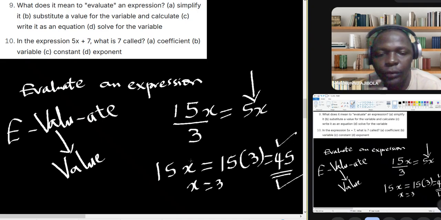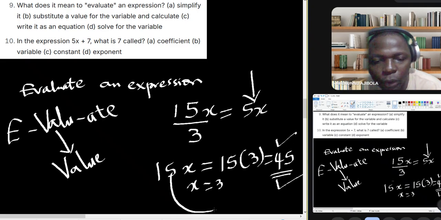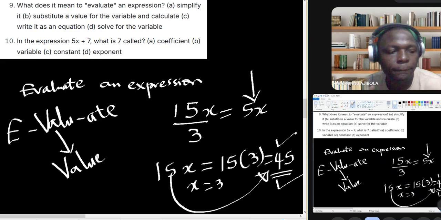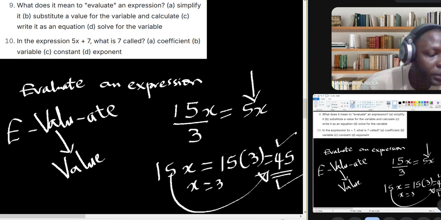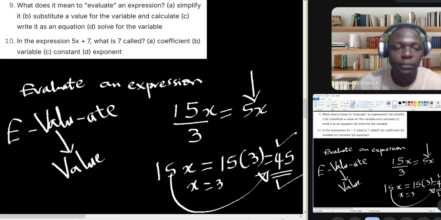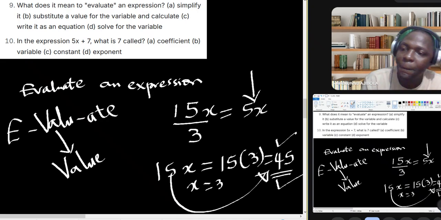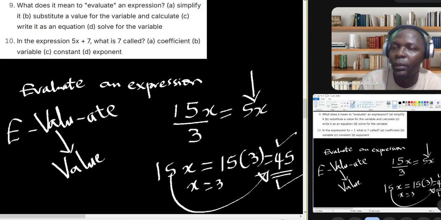Yes. So if you arrive at a value for the whole expression, it is evaluation. Okay?